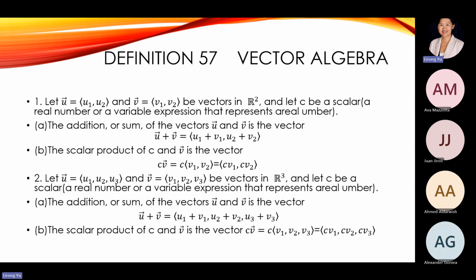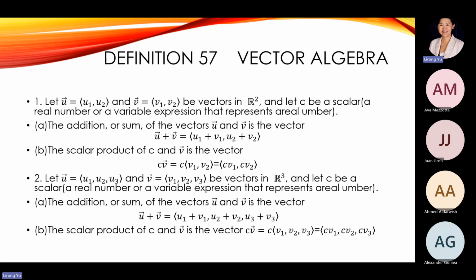If you want u plus v, all you have to do is add the corresponding components. So the first component, second component, and third component are created by addition. Now with multiplication by a number, assuming c is a real number, c multiplies every component of the vector v. So you have cv1, cv2, cv3 as the components of the scalar multiple.